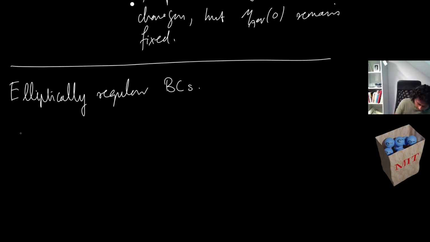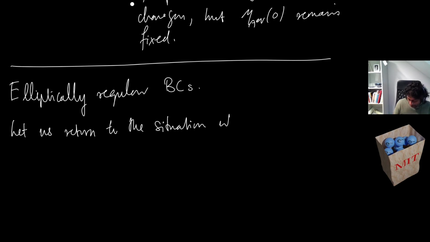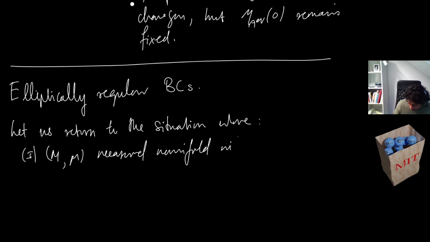So now let us return to the situation where we had before. So M is a measured manifold with compact boundary.